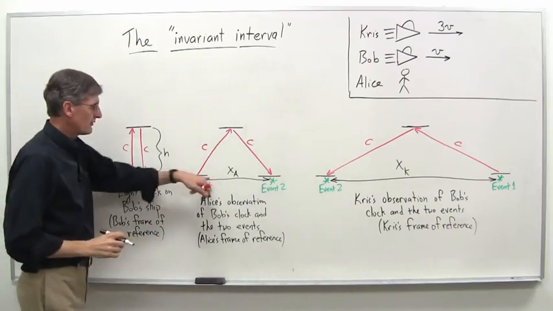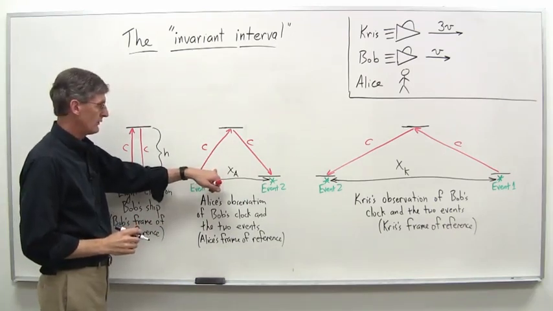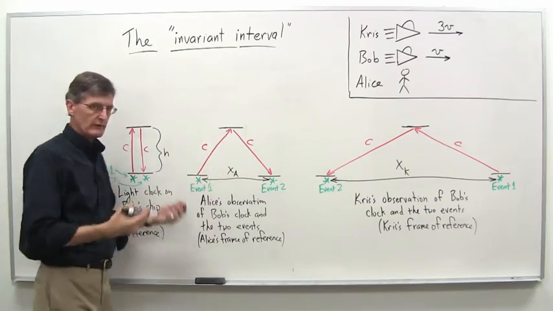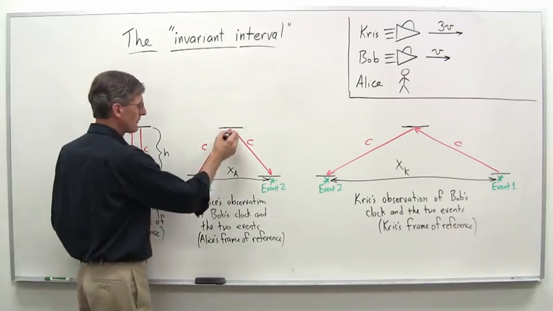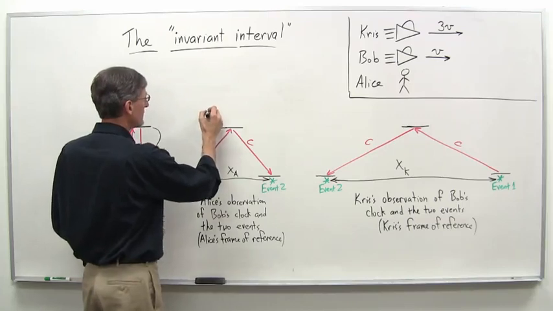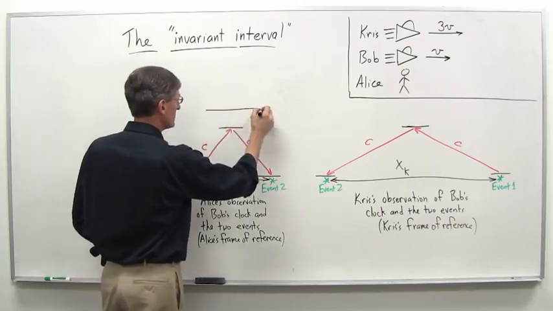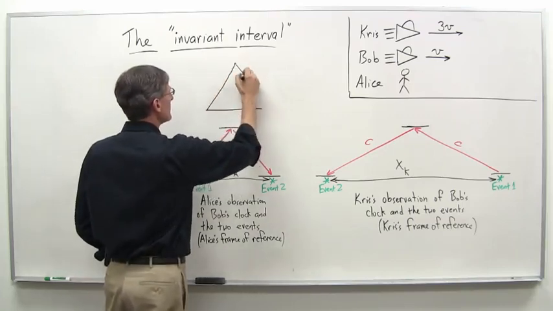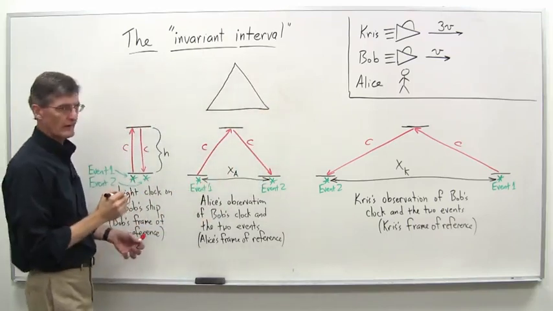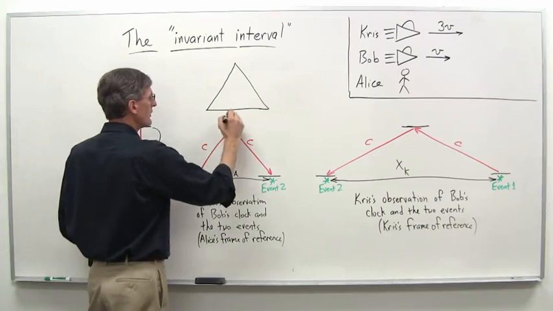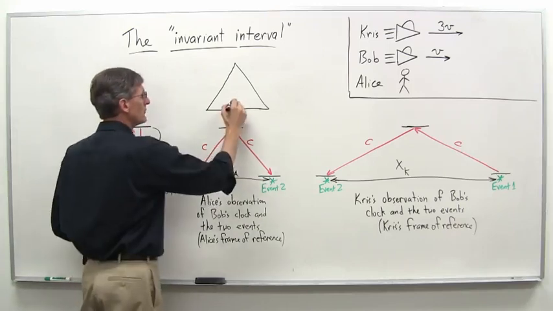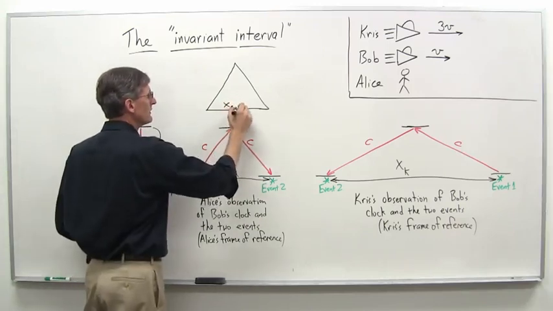So let's consider Alice's case first. We've done similar analysis when we did the first light clock analysis. Let's redraw the triangle here for Alice, roughly, something like this. We said this distance here is x sub a, so I'll put it in here.